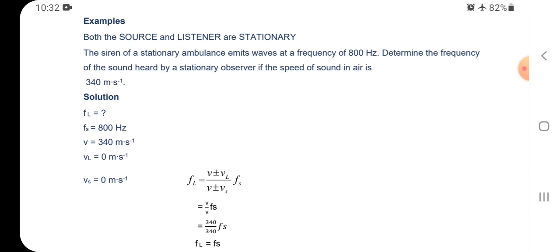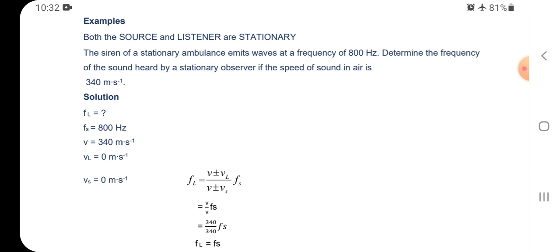What we are looking for here is the frequency heard by the stationary listener, so we are looking for FL. FL stands for frequency of the listener, and Fs is the frequency of the source, which they say the siren of a stationary ambulance emits at a frequency of 800 Hz. So that is the frequency of the source. And then we have the V.